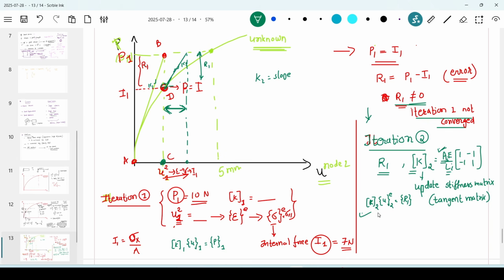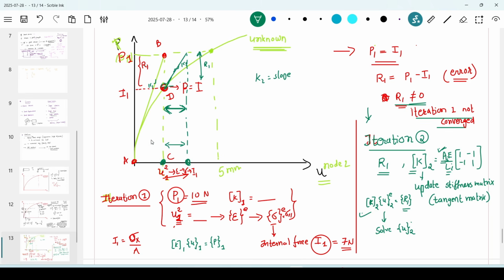So from this it is simple. What we are doing is updating the stiffness matrix, which is now called the tangent matrix, and the force will be R1 now. So from this we can solve for our unknown displacement u at iteration 2. After we solve, this value is known. So what we do is combine the previous iteration and this one, and we get the total displacement.